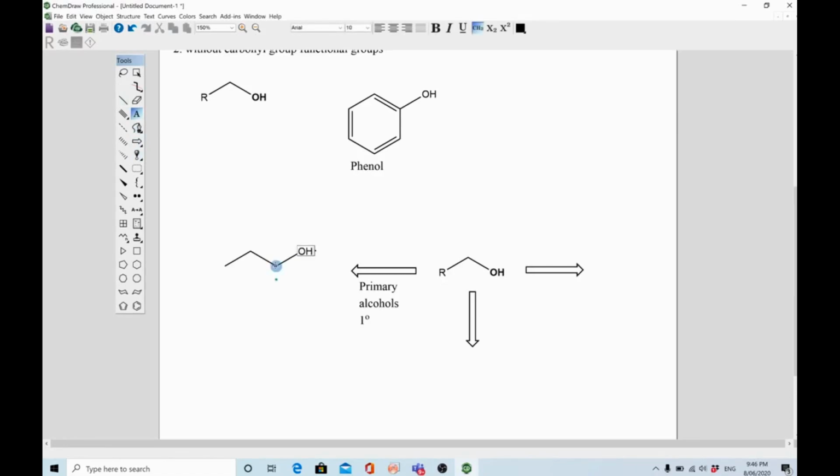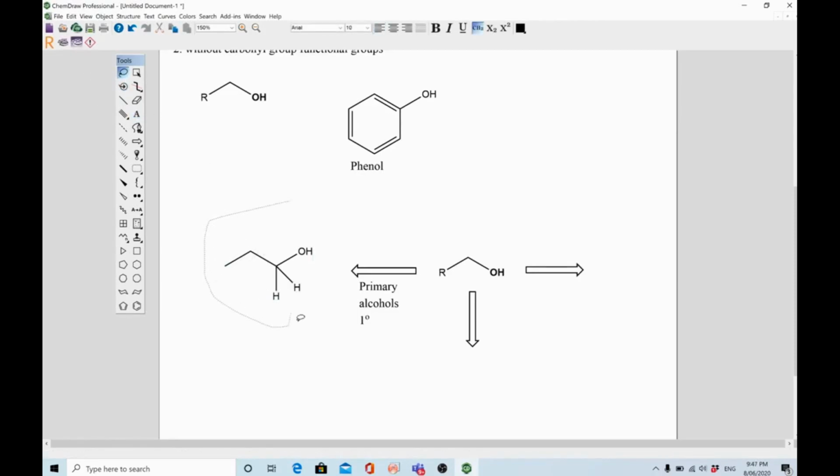See this, where my blue color dot is, this carbon contains two hydrogens, and that's why we call this a primary alcohol. So let me put those two hydrogens, 1, 2. This is primary alcohol.